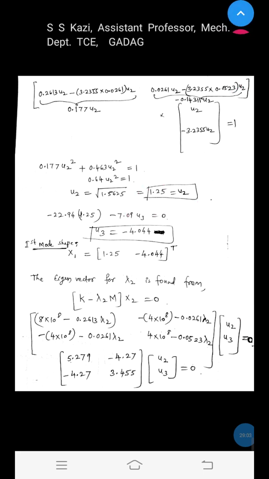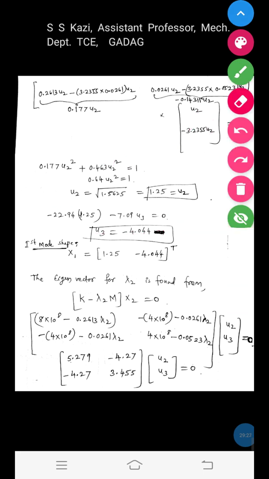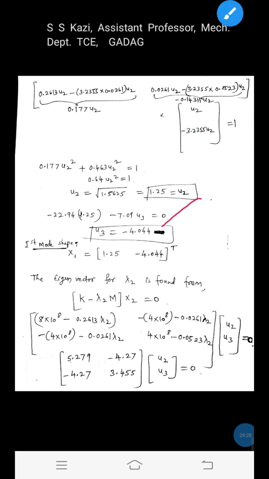Once we get u2 equal to 1.25, we substitute it into the equation. Directly, since u3 is minus 3.2355 u2, substituting u2 here gives u3 as minus 4.044.